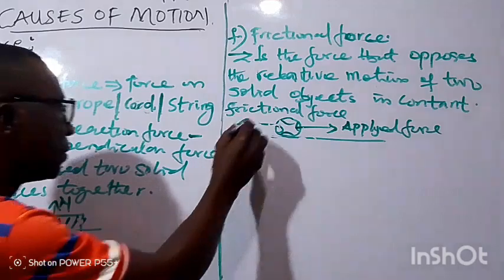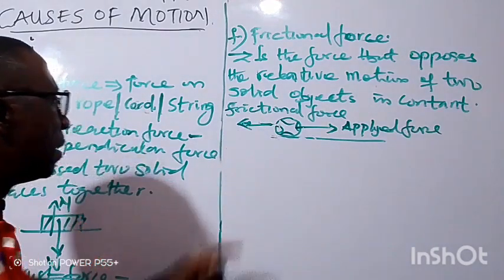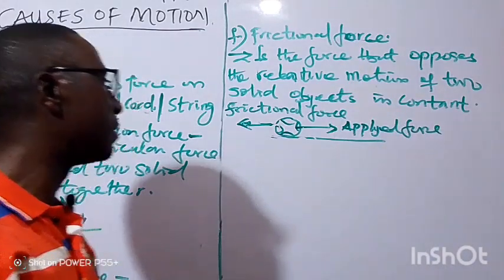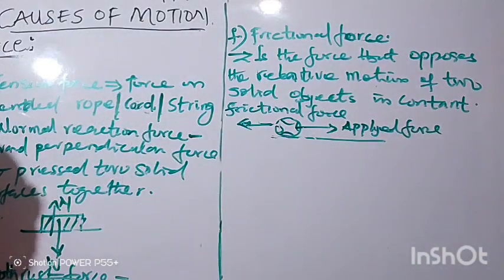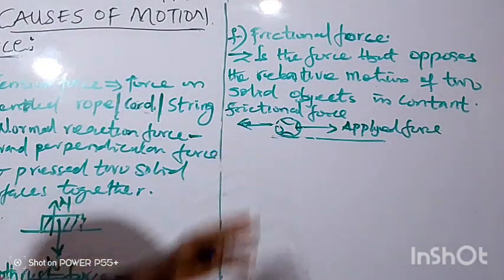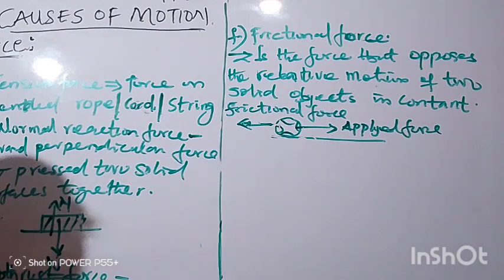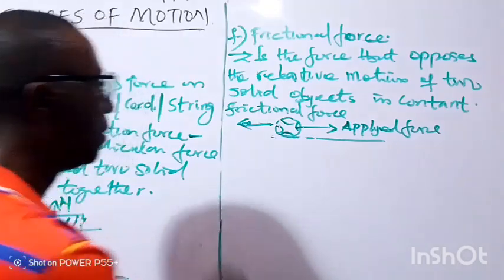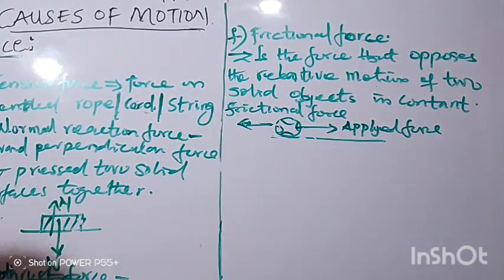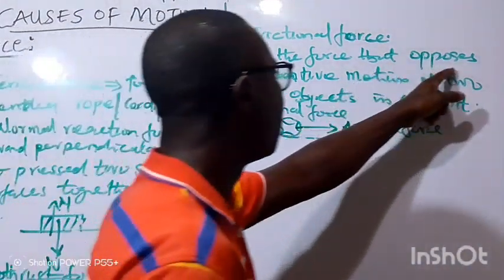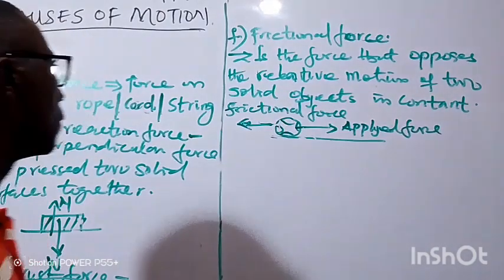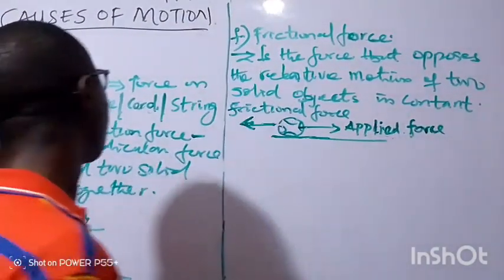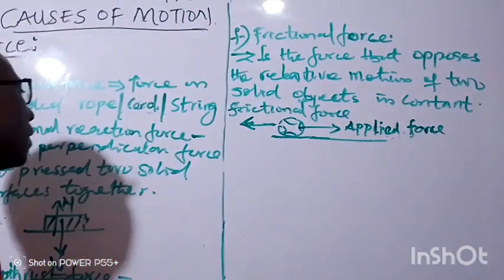If there were no frictional force, it would keep moving without any hindrance. But due to the frictional force dragging it back gradually, it finally comes to rest. That's why we define it as the force that opposes the relative motion of two solid objects in contact.